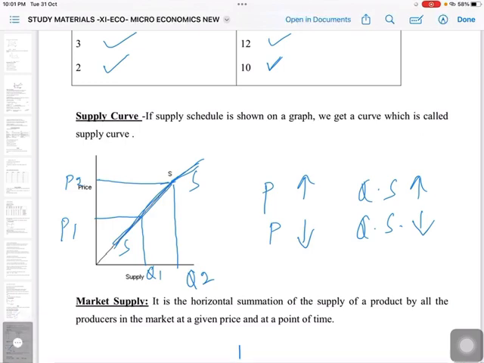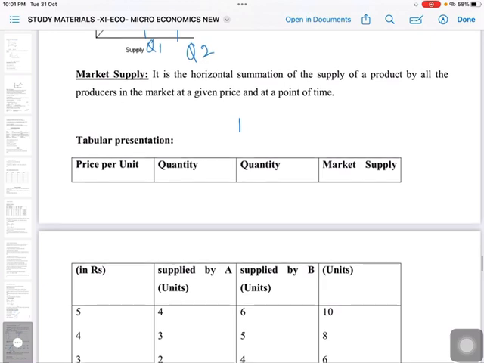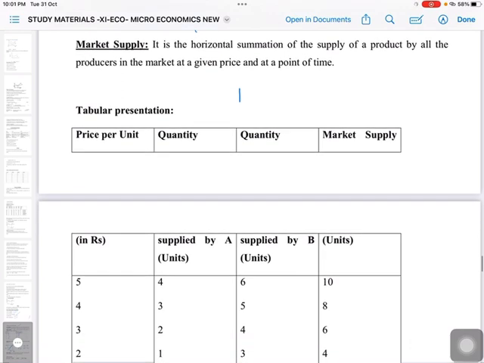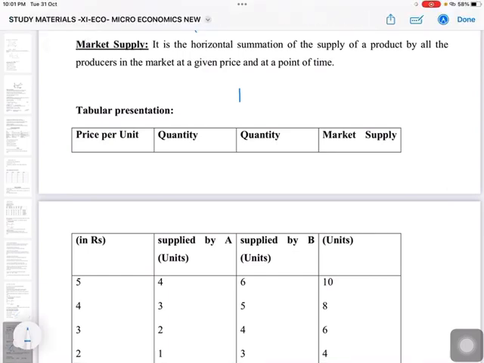Next important factor, points related to supply, is the concept of market supply. Supply may be individual supply or it may be market supply. Individual supply represents what is the quantity of a commodity supplied by an individual seller at a given price at a given time.